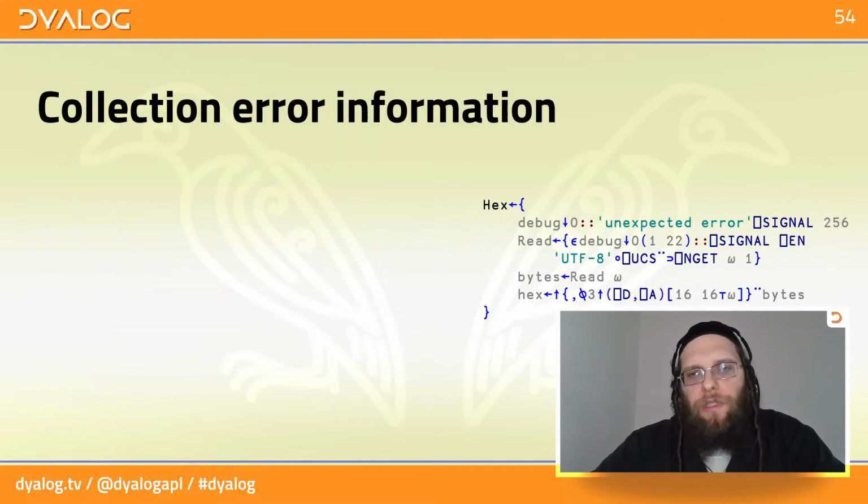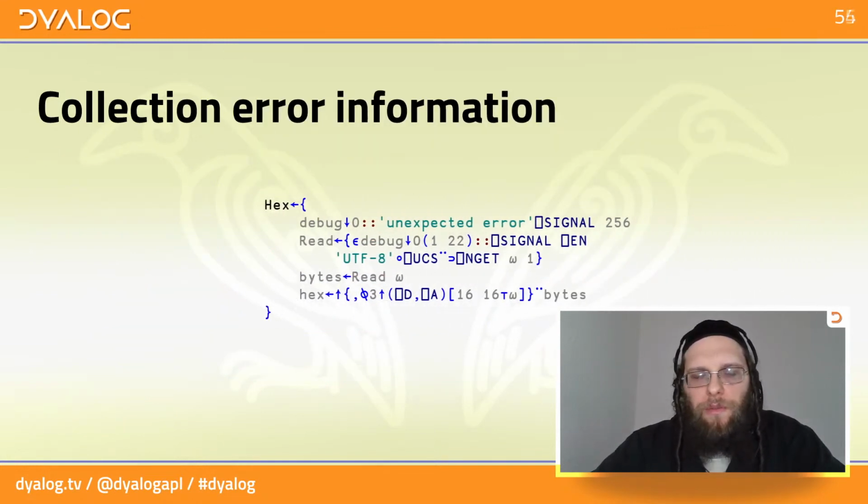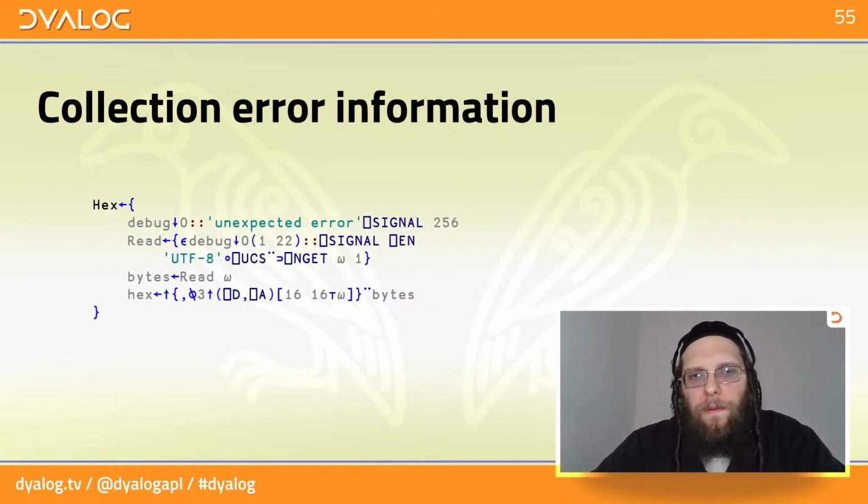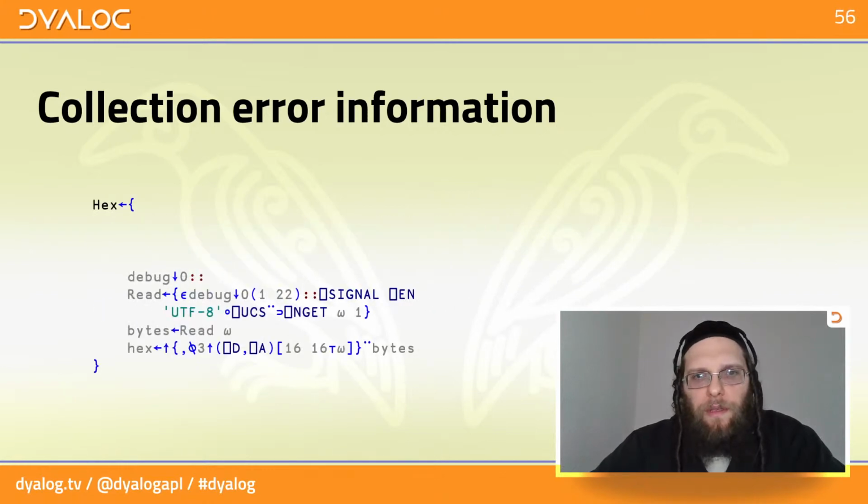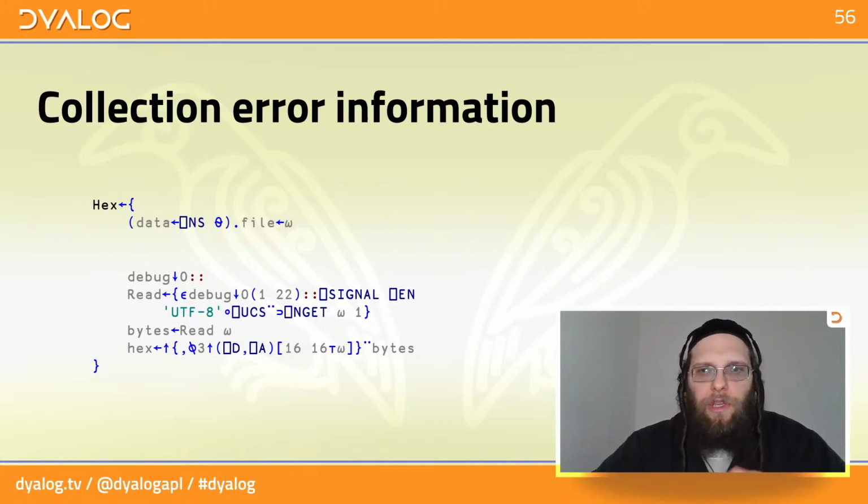So how can we do it instead? Well, we need more space. We can start by setting up a namespace where we're going to keep our information. Now, since this namespace lives in the scope that's before the error guard, then it's not going to be erased when we roll back to where the error guard is.